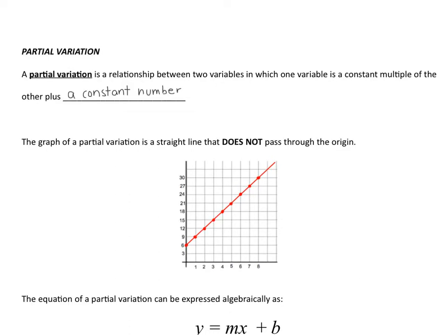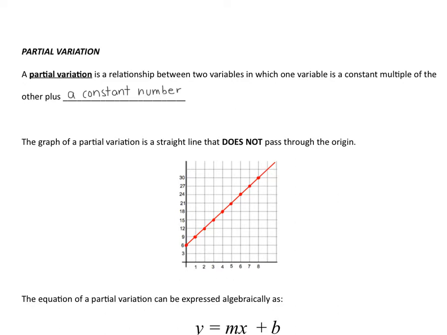A partial variation is a relationship between two variables in which one variable is a constant multiple of the other plus a constant number on top of that. So with a direct variation, we said that it was a straight line that was created because the data points were increasing or decreasing by the same consistent value or the same consistent constant multiple.